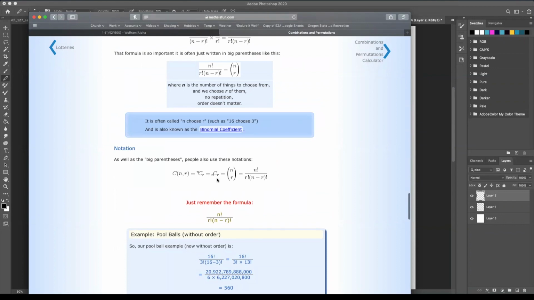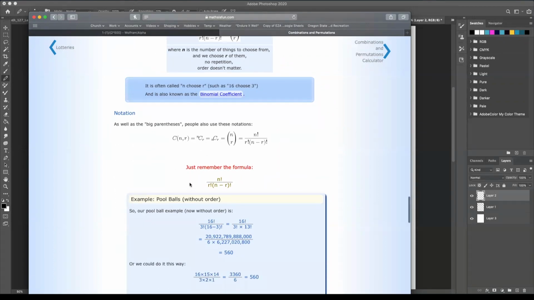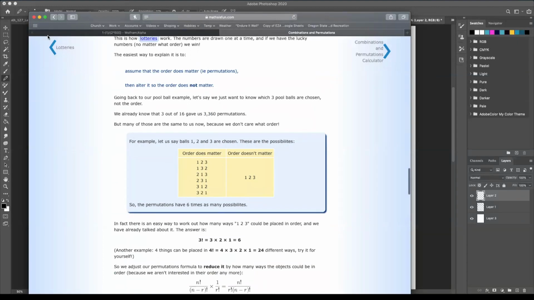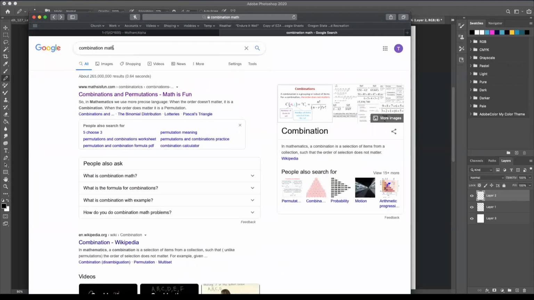These are combinations. Here they're just talking about if you grabbed a pool ball without order. The funny thing is, let me see if I can find the Pascal triangle.